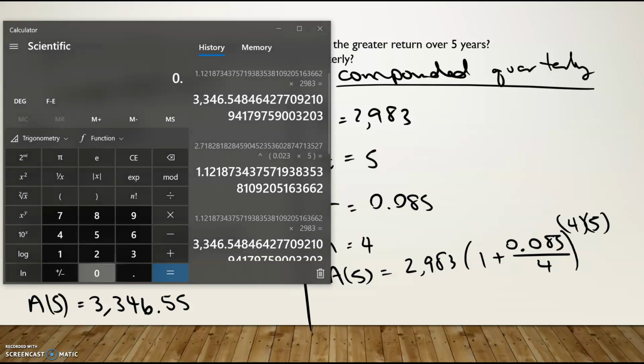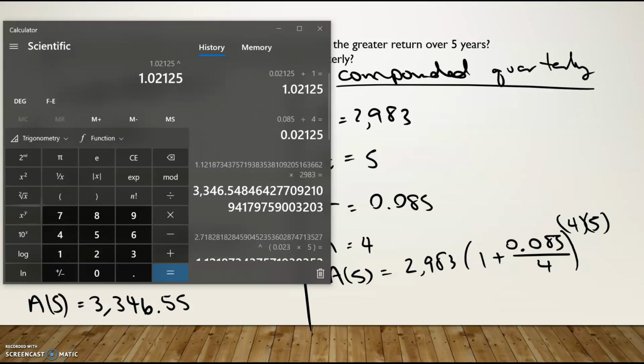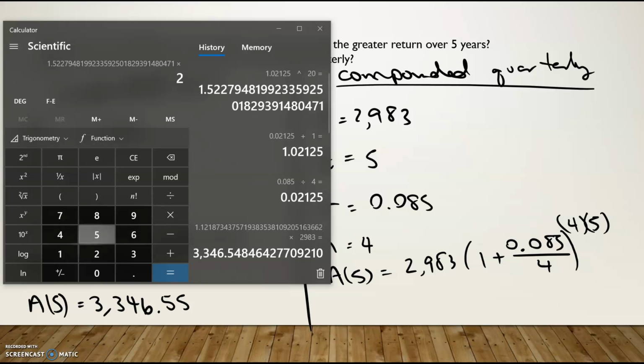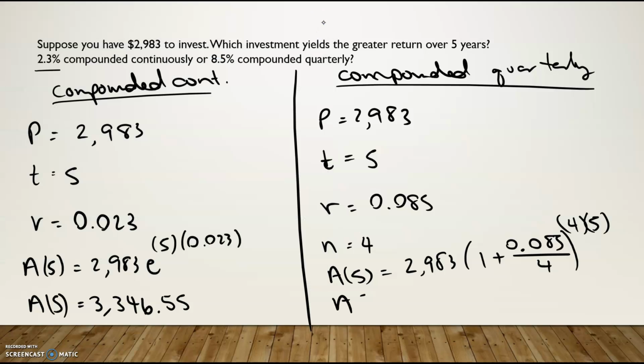So we're going to take 0.085 divided by 4, add the 1, raise that to 4 times 5, which is 20, and then multiply that times 2,983, and we get 4,542.496. That 6 is going to change that 9, so that means it's going to be 0.50. Okay, so we got 4,542.50.